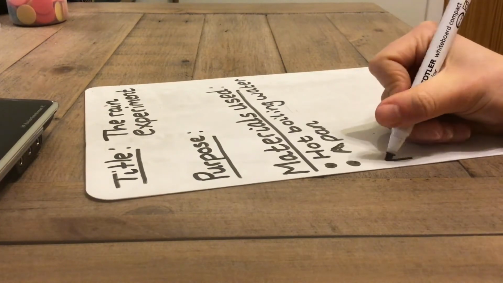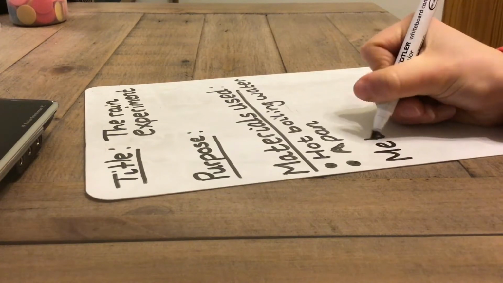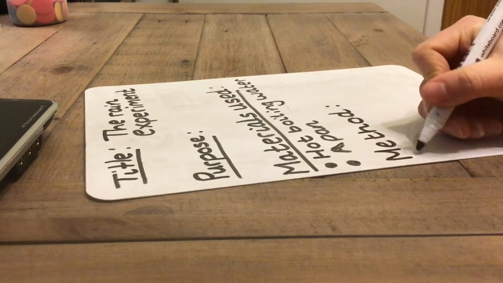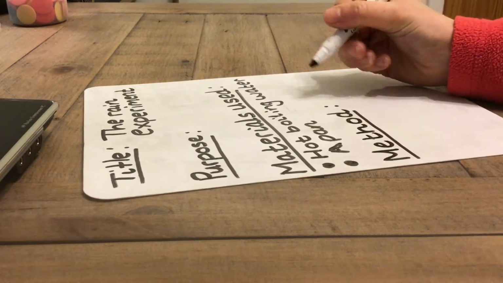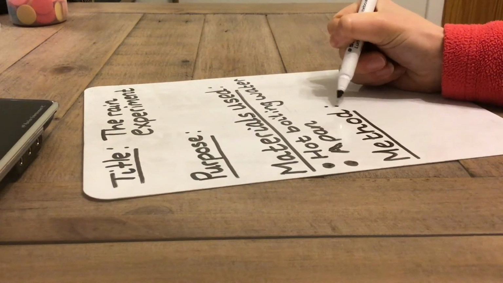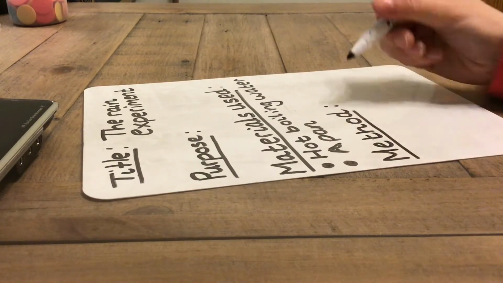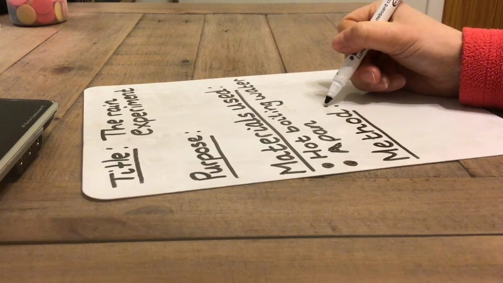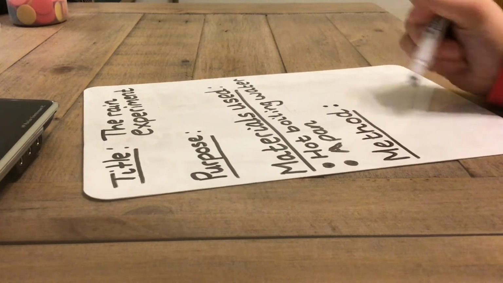Our next title is the method. Now you'll notice I'm using some punctuation here that we haven't used before, and this is called a colon. Now what a colon is, it tends to come after the title, and it's basically saying, here it is here.